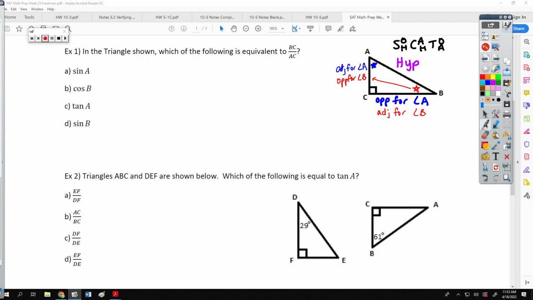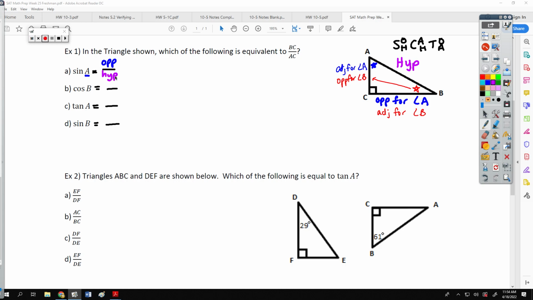So when we're looking at these answer choices over here, trying to figure out which one of these is equal to BC over AC, well, we need to be focused in on, okay, angle A. The sine of that would be the blue opposite over the hypotenuse.